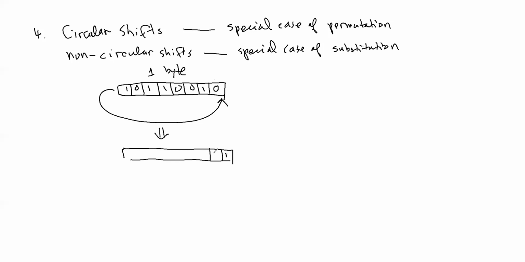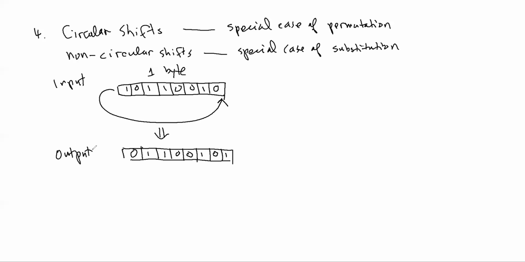And then we copy the 0, 1, 1, 0, 0, 1, 0. So that is your output. Okay, so this is input, and this is output.